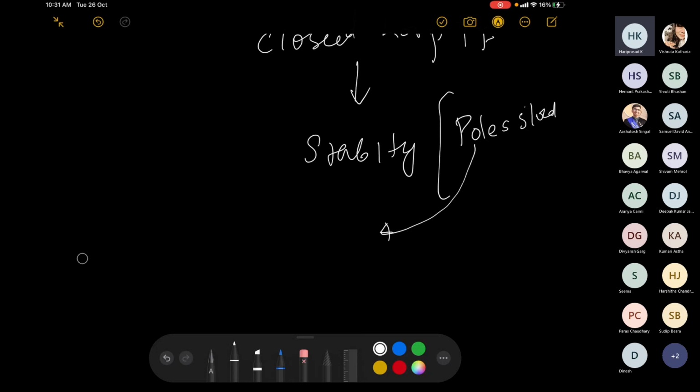Now what are you doing? You are looking at the poles and checking whether the system is stable or unstable. You can also design the poles by some means, for instance by tuning the controller structure, so that your poles lie exactly in the LHS region. That problem is known as pole placement. It is the reverse problem.